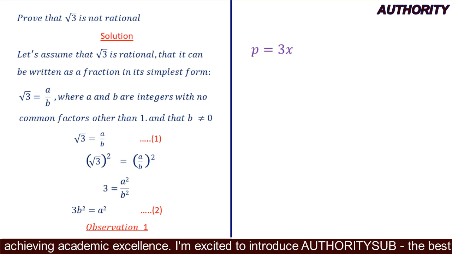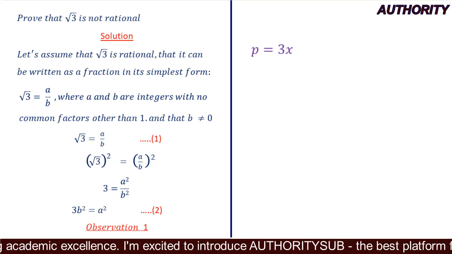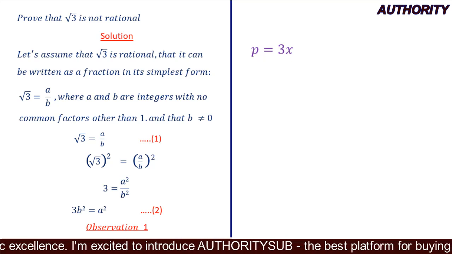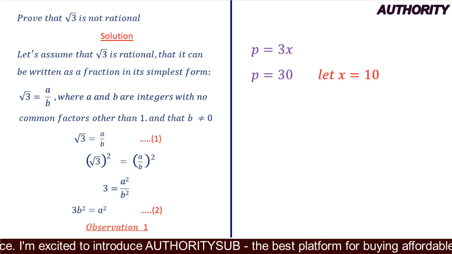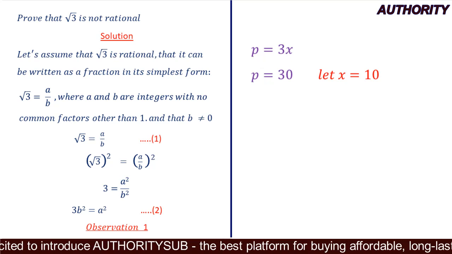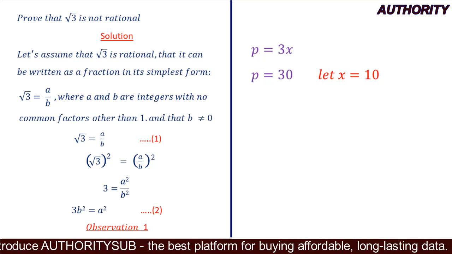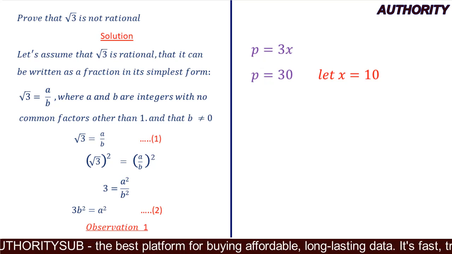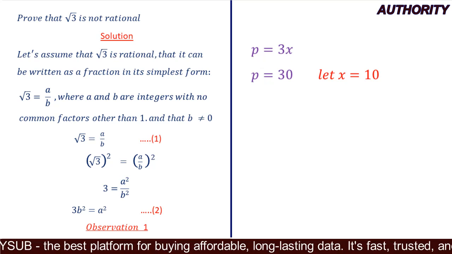Now let's assume that x is 10. You know, x can assume any value. You can use any one and try it on your own, but here, let's use 10. So 10 times 3 is going to give you 30. That is to say that p is 30, or that 30 is p. So in place of p, you can write 30. Is that true? Good.